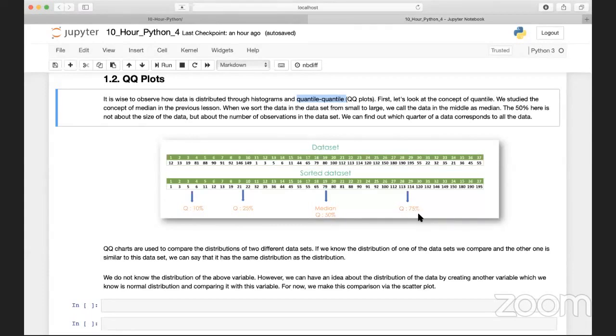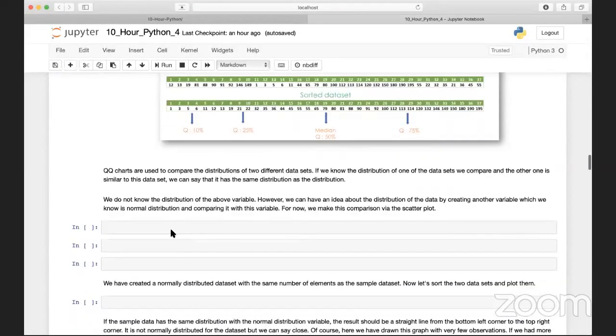Okay. So QQ plots work like this. We put the benchmark distribution on the x-axis and the data that we have on the y-axis. The benchmark distribution can be, as I said, normal distribution, binomial, any kind of distribution of your choice. Here in this example, I'm going to use normal distribution on the x-axis and my data on the y-axis.